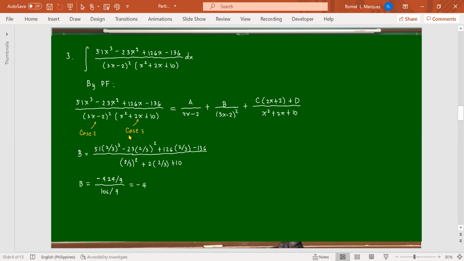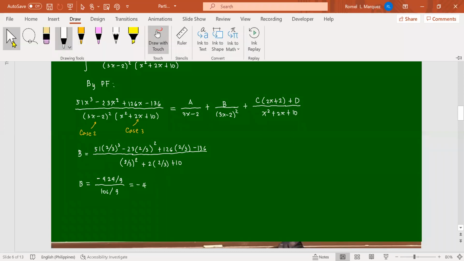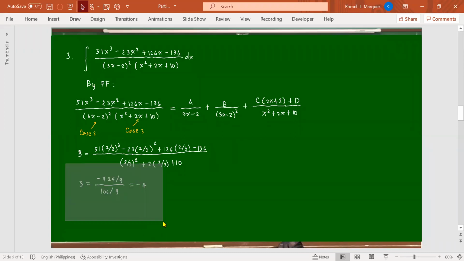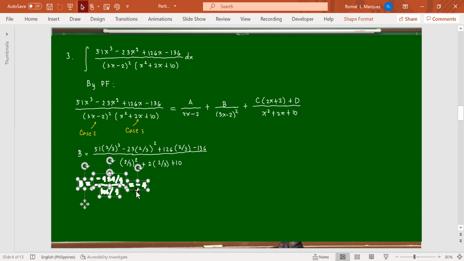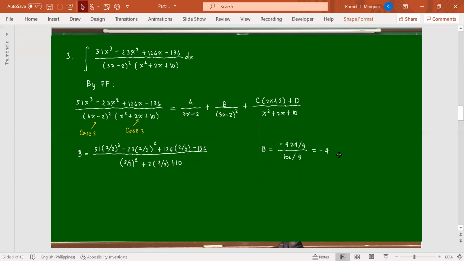So let's do equating coefficients of like powers. We can do that by first simplifying this equation, making the left and right side polynomial.